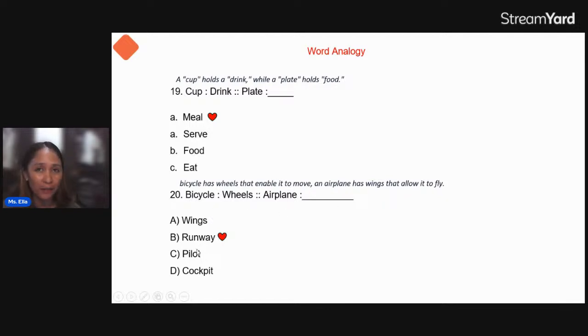Though, yes, without a pilot also, that airplane cannot fly. But we are depending on the first two words here. If it says bicycle to driver, then we can say airplane to pilot, right? But here, since bicycle is to wheels, then airplane is to wings, because a bicycle has wheels and an airplane has wings. Okay?